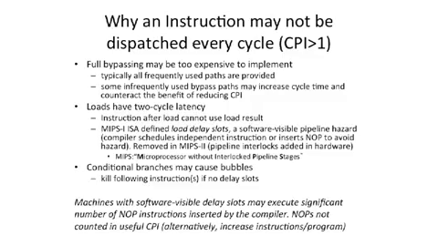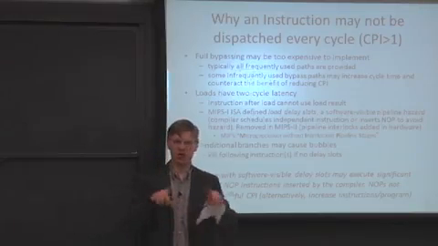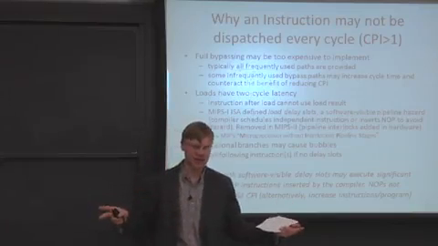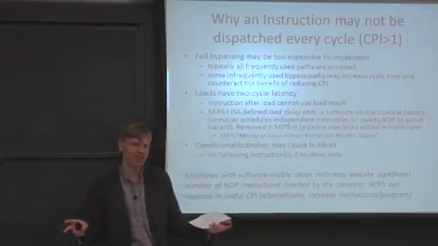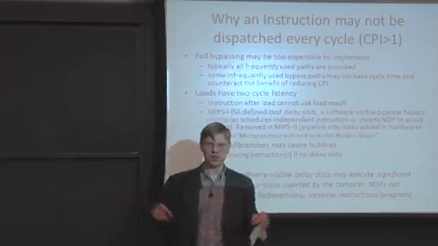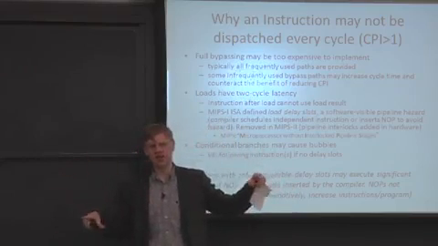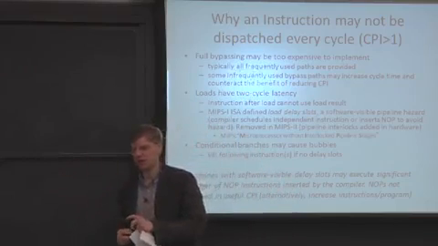A good example of this is if you go look at a modern day machine, something like your Core i7. They actually don't bypass between all the different functional units from all the different locations, because they can execute about 6 instructions per cycle, and they have many stages in the depth of their pipe, so they'd have to basically be bypassing out of 100 different places for every new source operand.